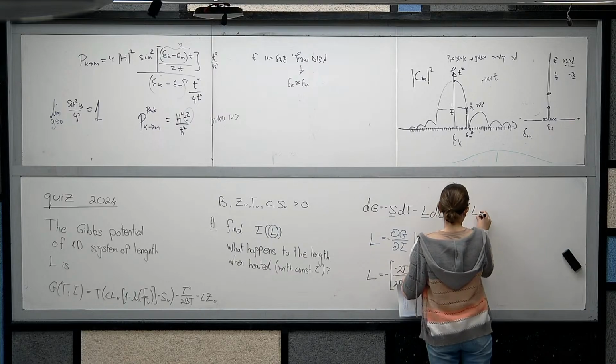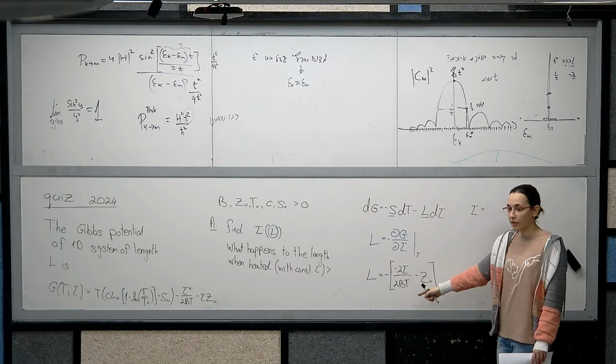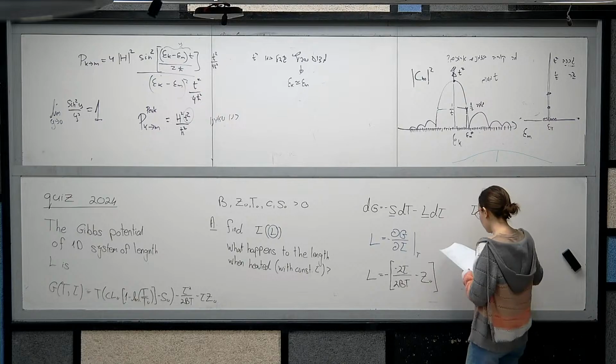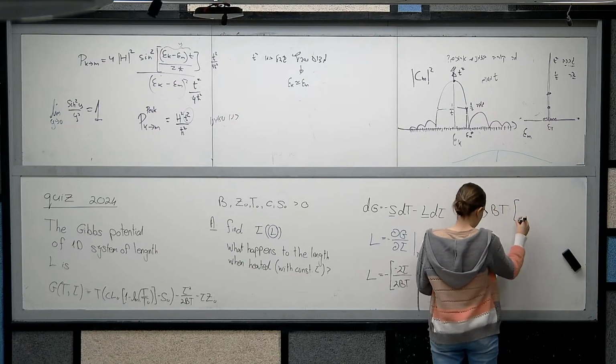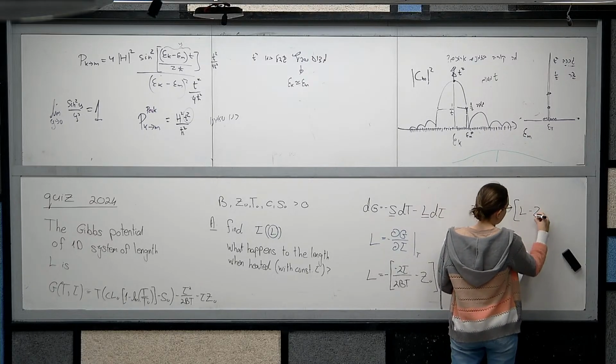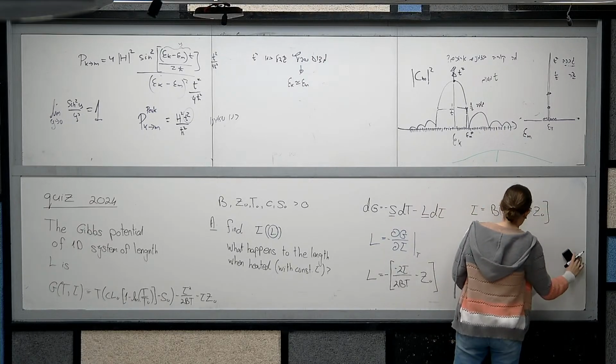Okay, so from this equation now we can extract tau, and tau will be equal to bT times (L minus Z0).